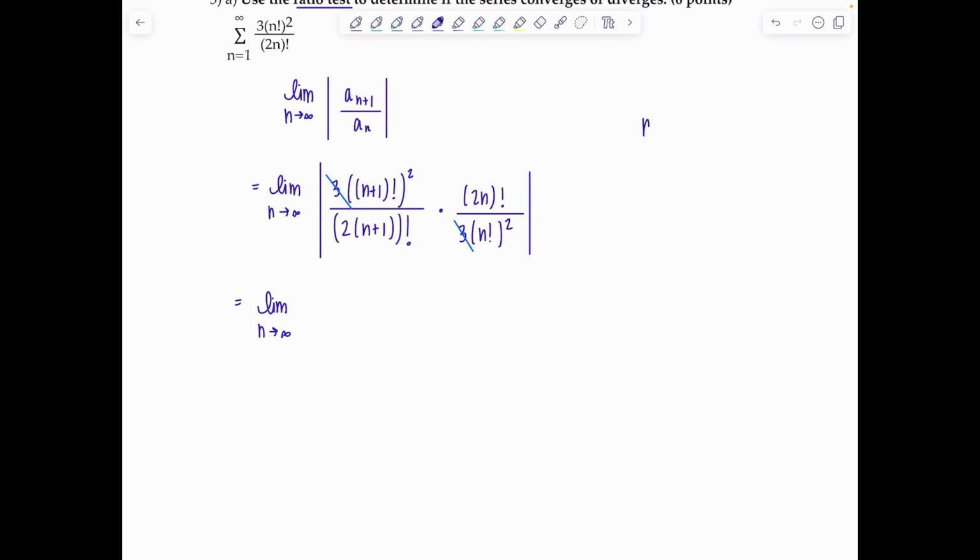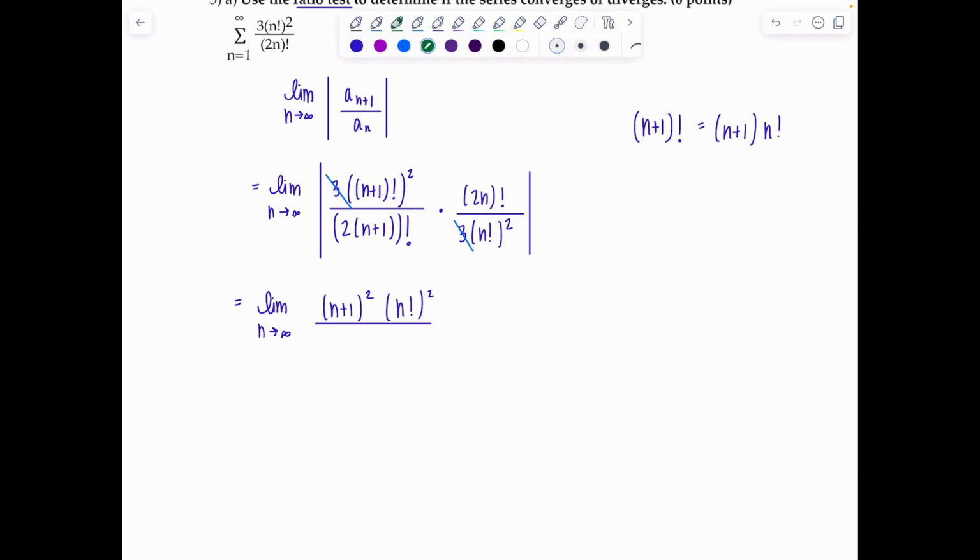So remember, n plus 1 factorial we can write as n plus 1 times n factorial. And that's as far as I need to break it down because I have n factorial here that's going to cancel. So since this is squared here, then I've got 2 of each of these. Does that make sense? So that means I've got an n plus 1 squared in the numerator and an n factorial squared up there. All right, excellent.